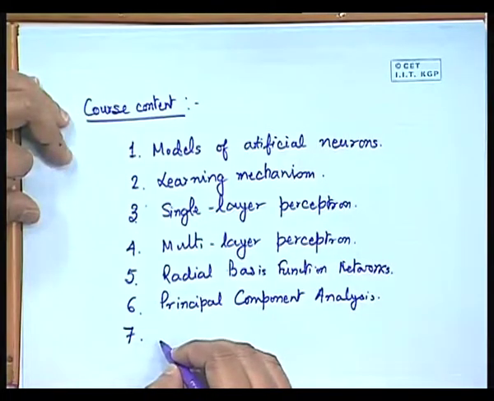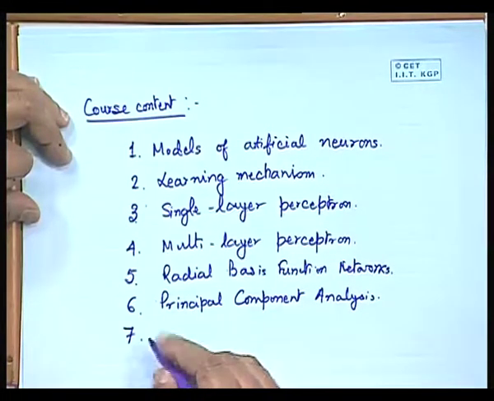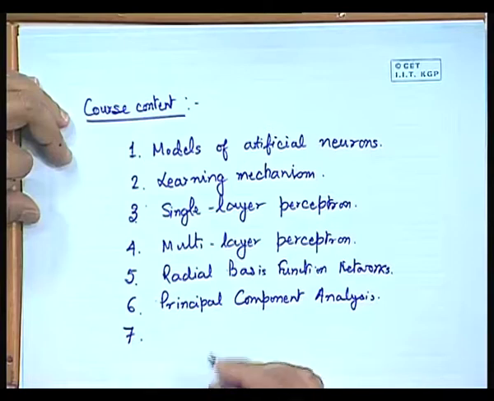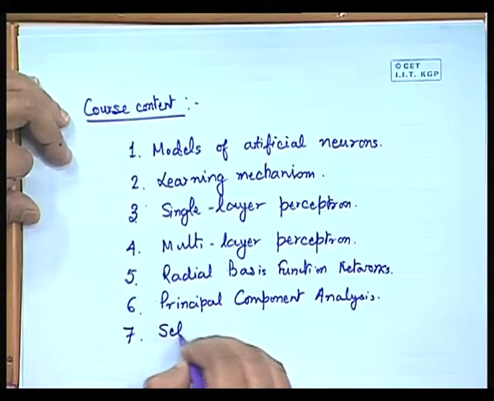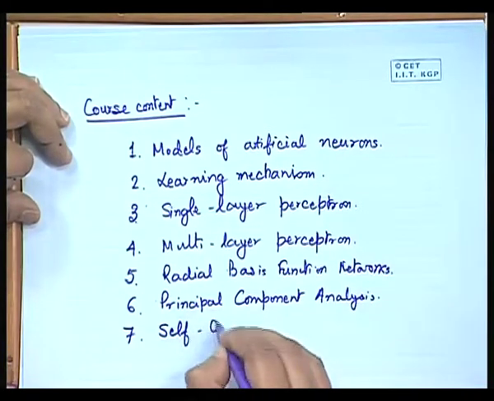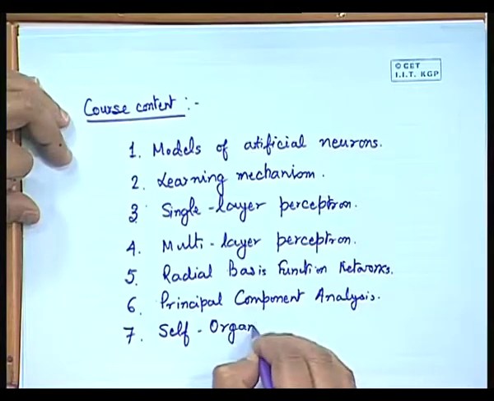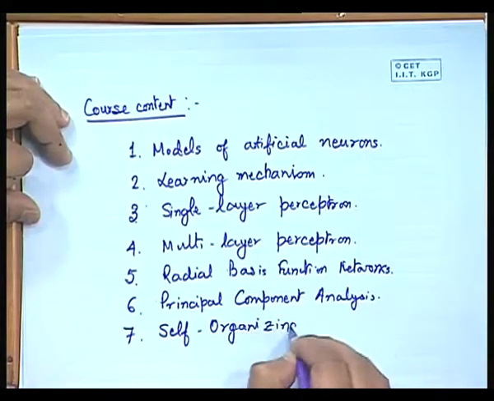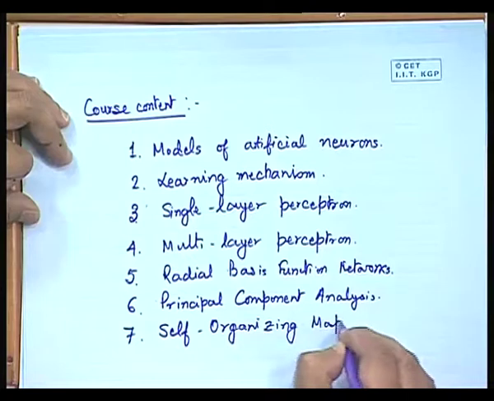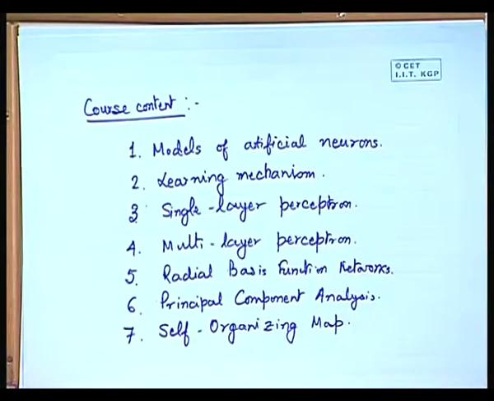And then we will come to a class of unsupervised or self-organizing networks, which is called the self-organizing map. So, this will be under the scope of our study in the lecture series.